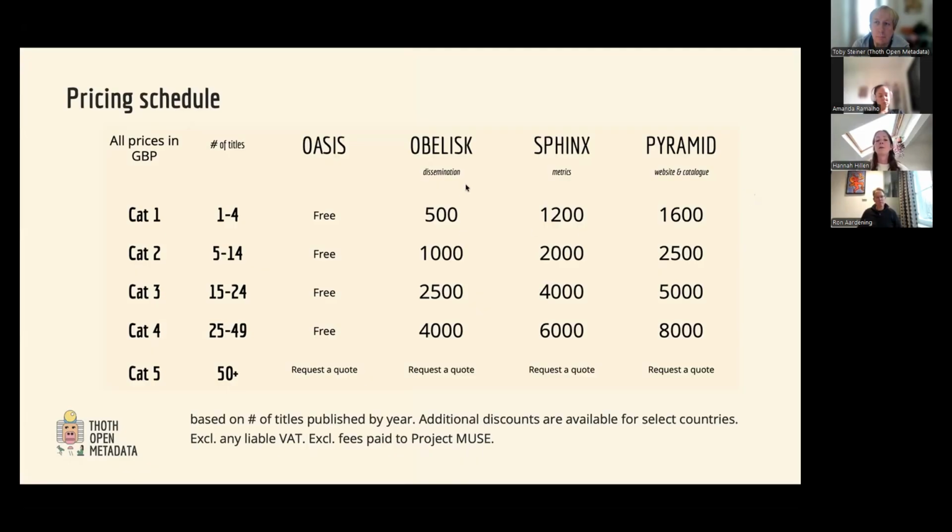And it's worth noting that with the Obelisk package, if a publisher was to go it alone outside of Tote, they would be signing up to multiple platforms, each of which charges an annual membership fee, and then there's per title fees associated with many platforms as well. So our price package includes all of those subscription fees and per title hosting fees, plus a saving as well.